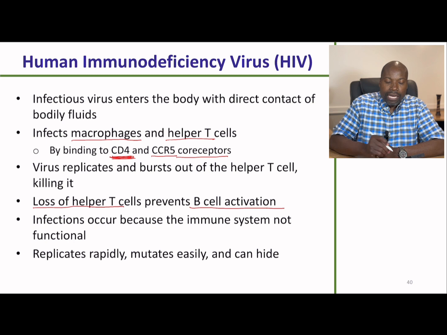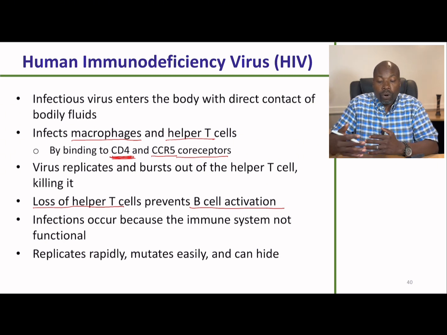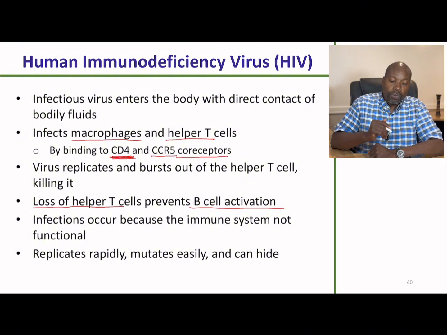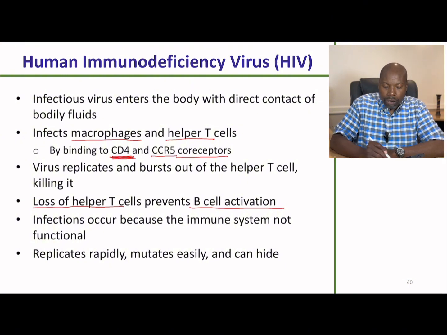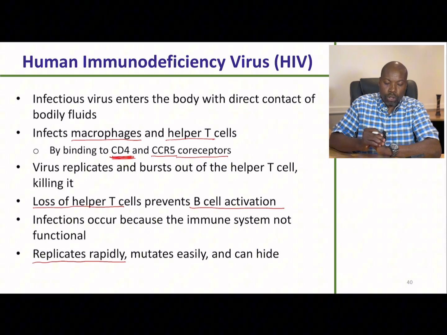So now, infections are going to occur because of the lack of helper T cells and therefore B cells. These viruses are going to replicate very fast, okay? Now, here is another thing that is worth mentioning and very important to know.